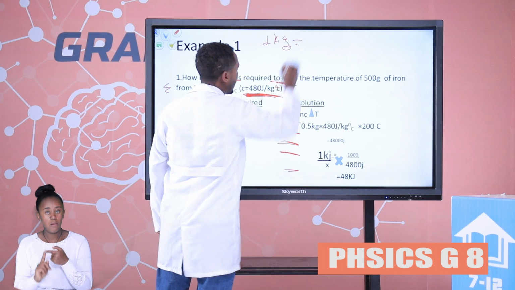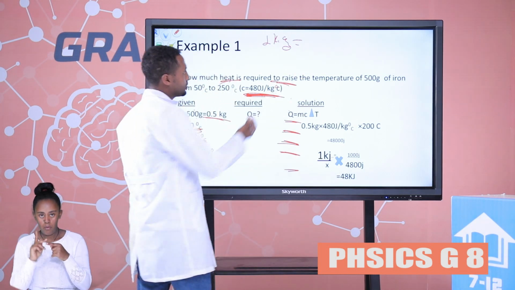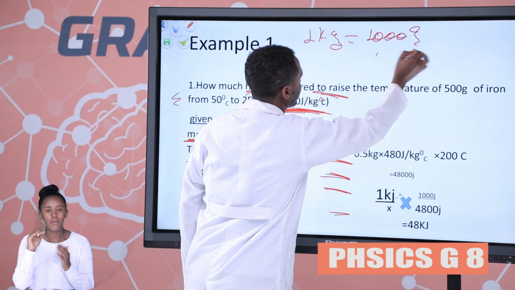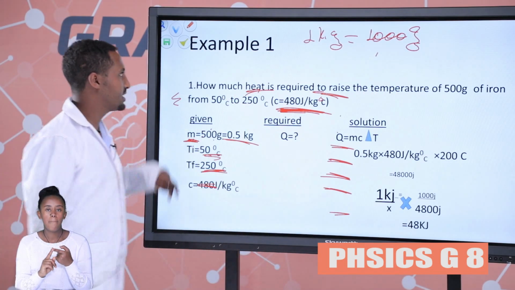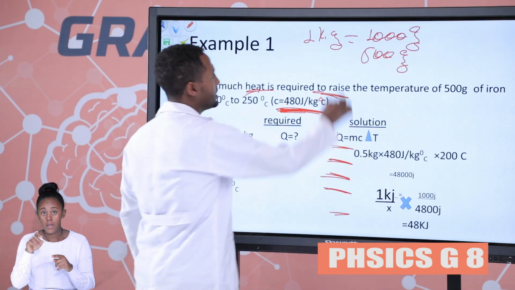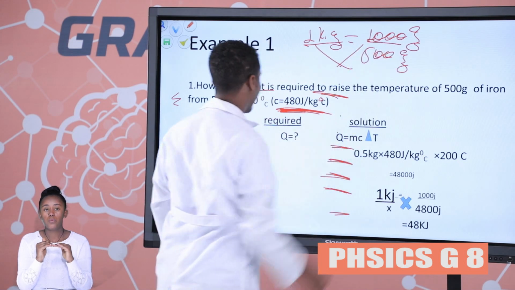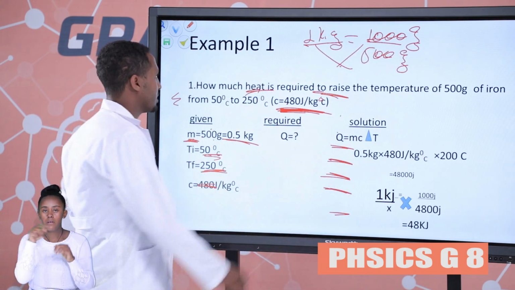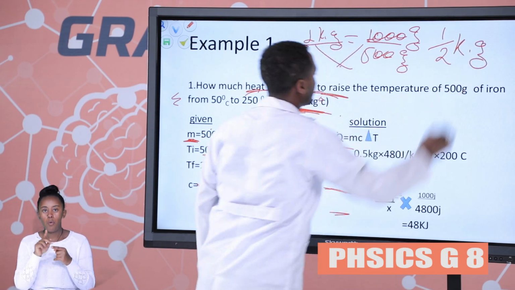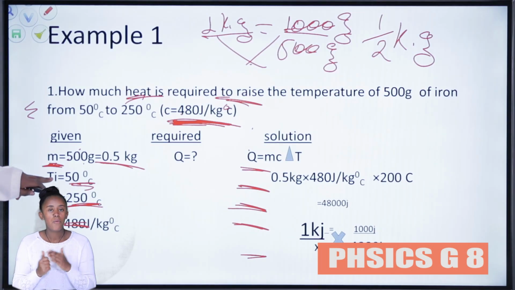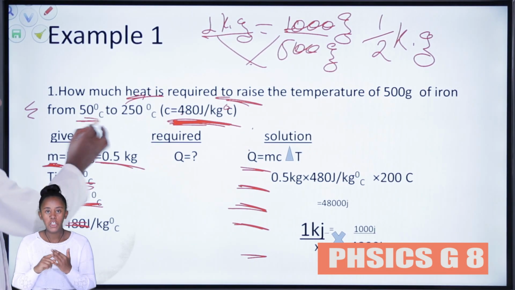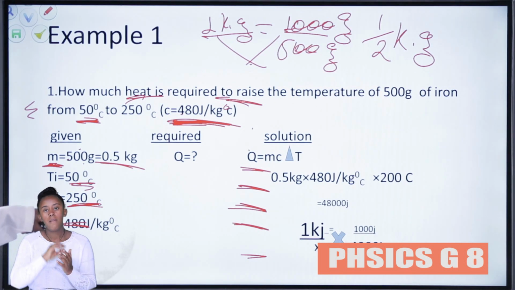1 kilogram is equal to 1000 gram. So 500 gram is equal to 0.5 or 1 over 2 kilogram. Ti, the initial temperature, is 50 degrees centigrade.